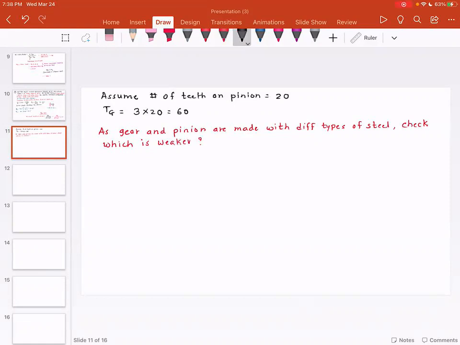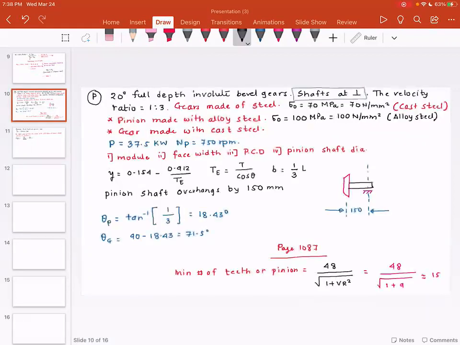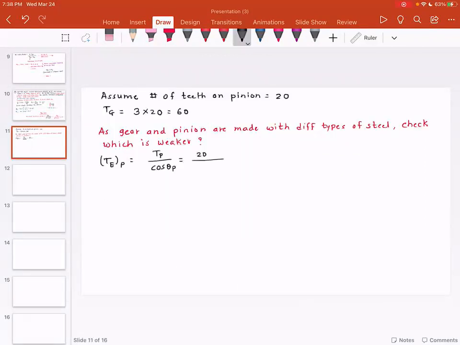So to do that, first and foremost, find out the equivalent number of teeth on pinion, which is TP divided by cosine theta P. TP is 20, cosine theta P is 18.43.